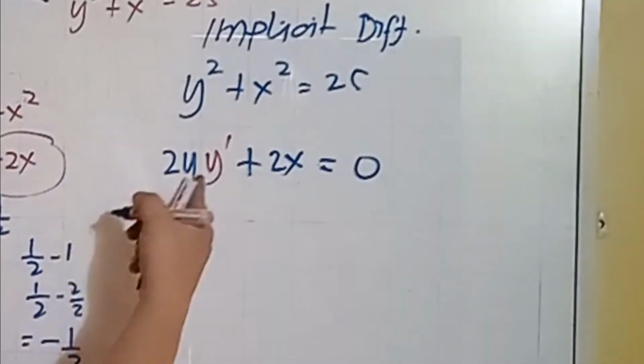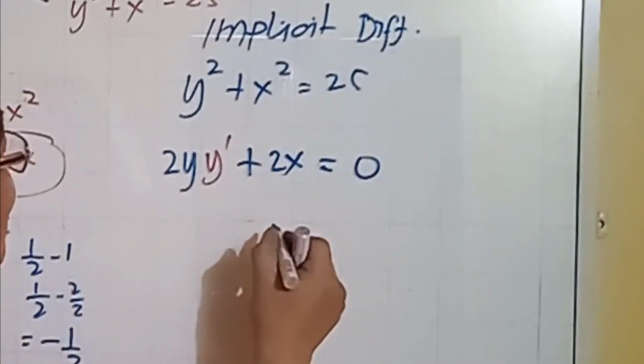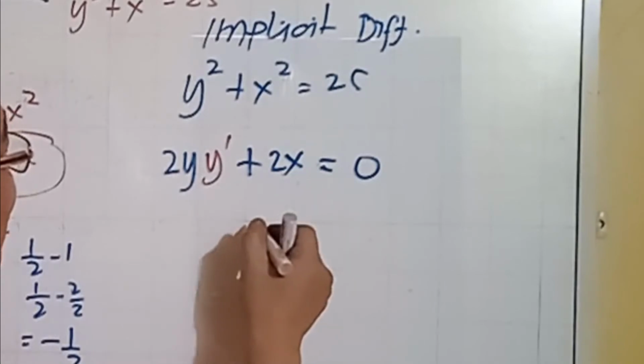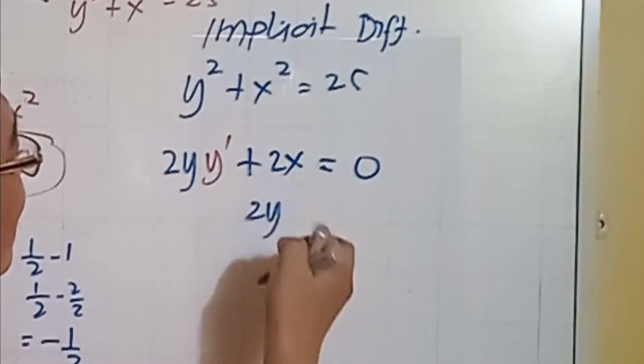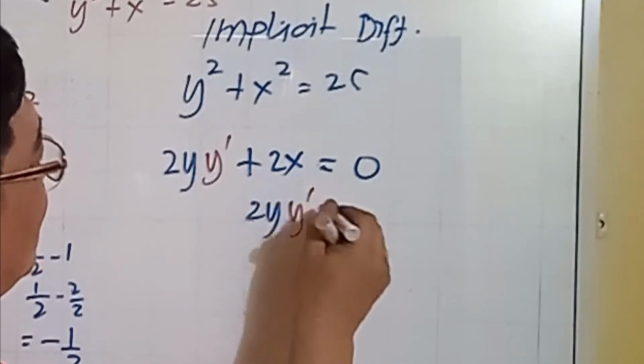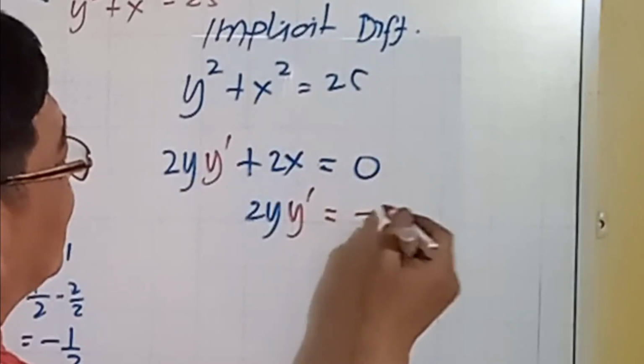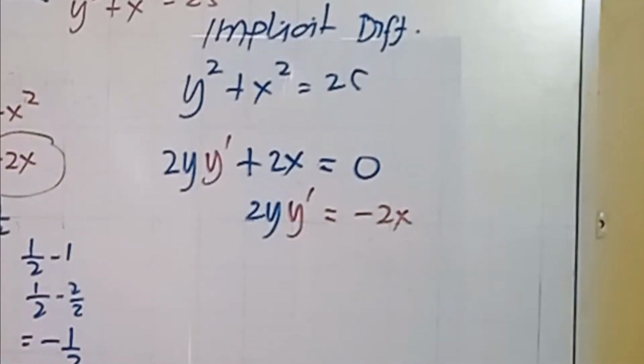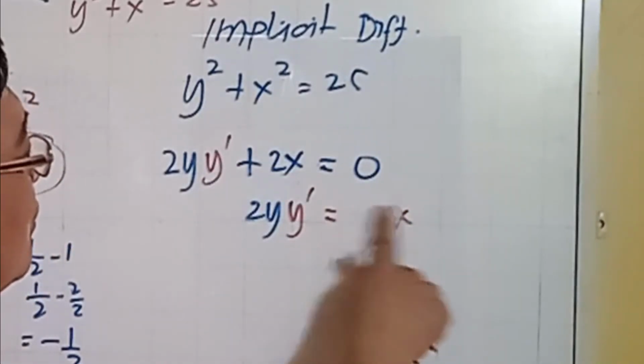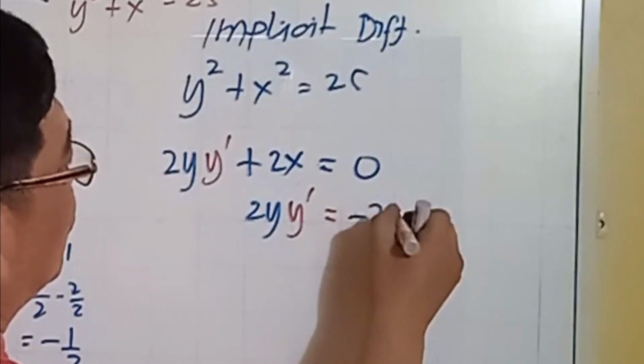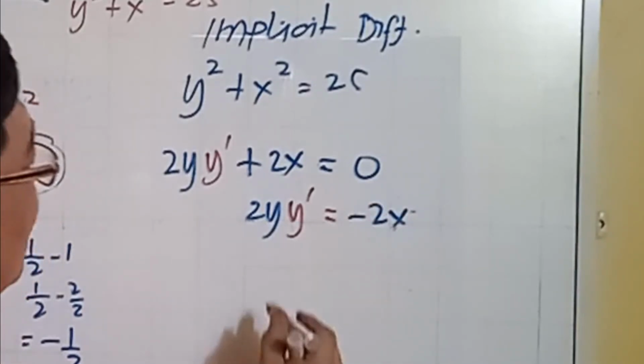So, i-solve natin, find y prime. Dahil we are going to look for the derivative. So, may iwan dito is 2y y prime is equals to transpose, that is negative 2x. Then, solve for y prime.